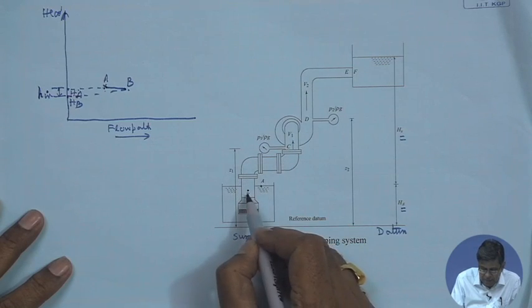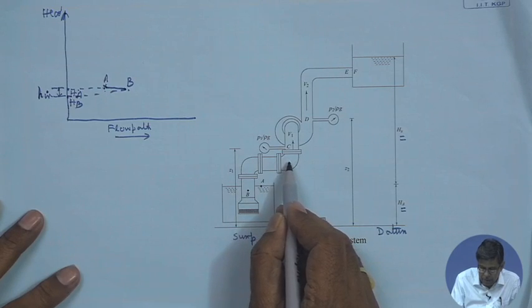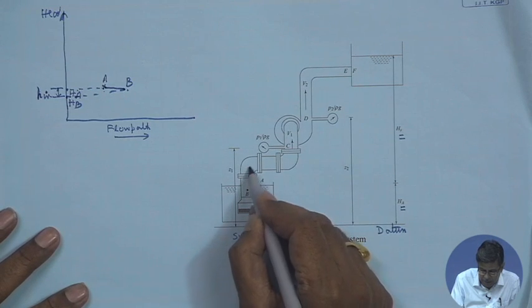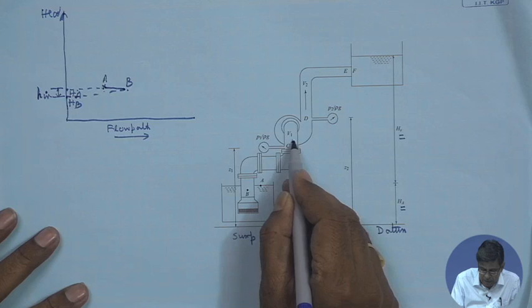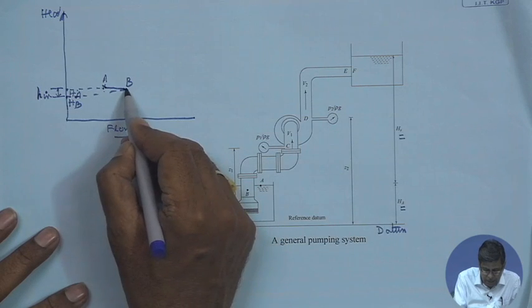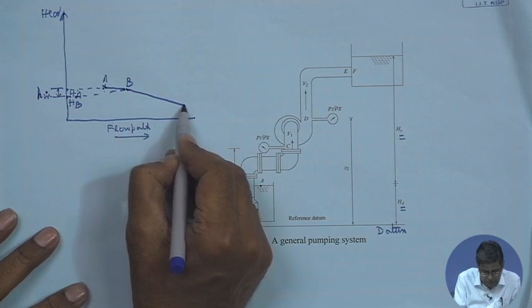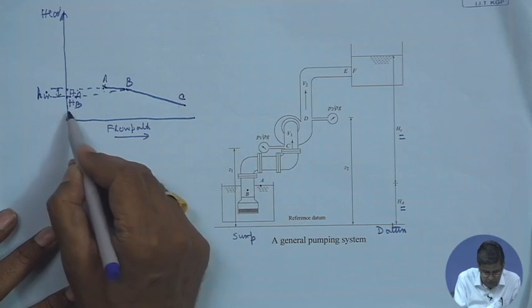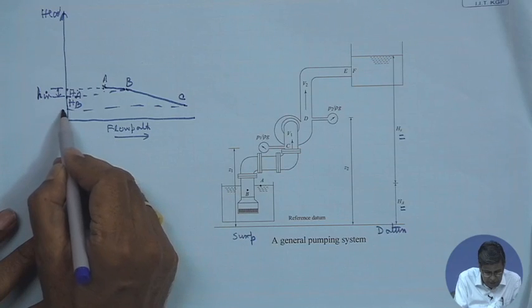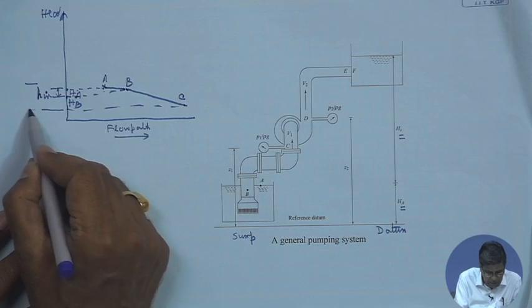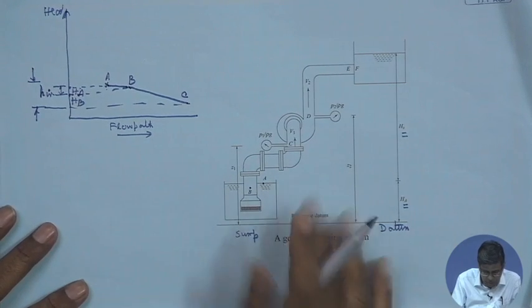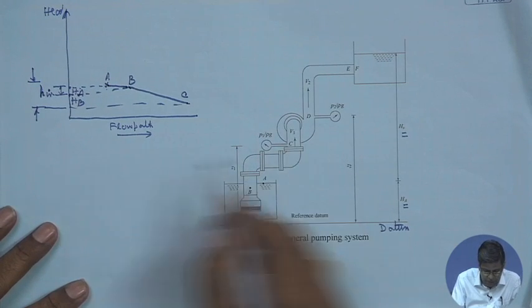That means the energy is lost due to friction, and the mechanical energy is converted to intermolecular energy, which we call loss of energy per unit weight, or frictional head loss, from B to C. So the total head at C again drops from that at B. This part is our loss of head in friction in the inlet pipe.